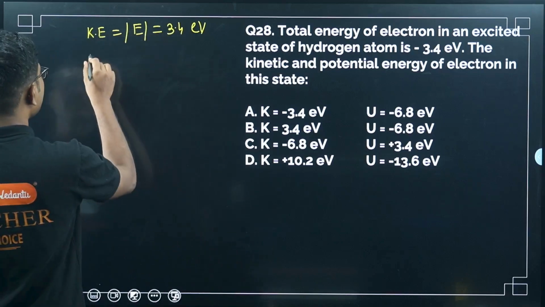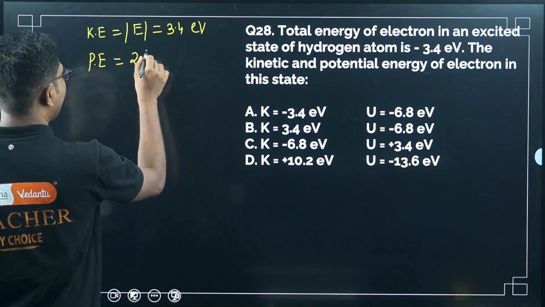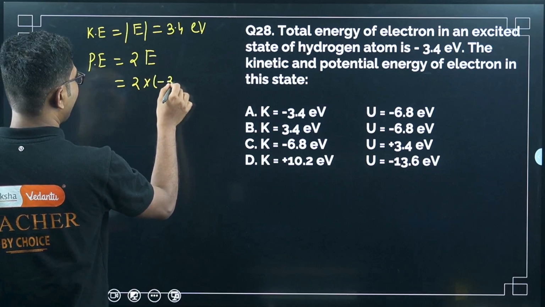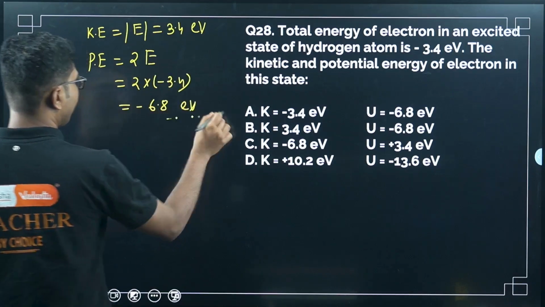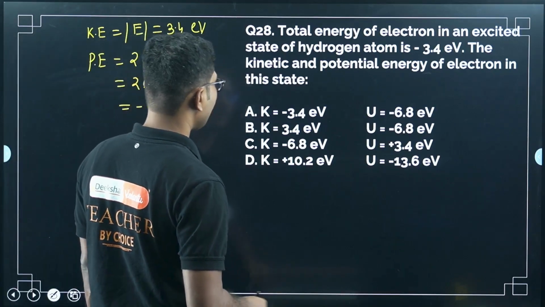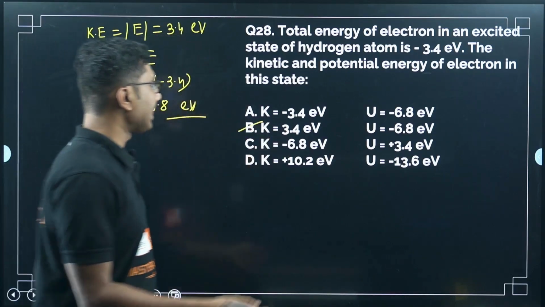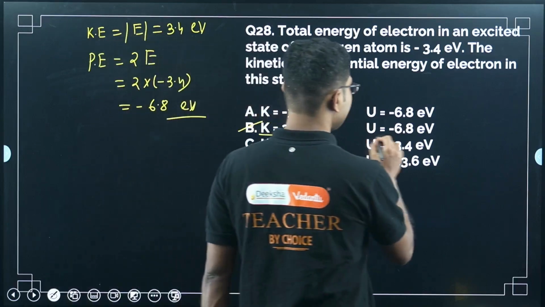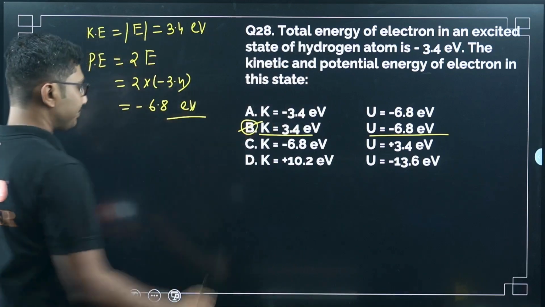And potential energy is twice the energy with sign, so it will be 2 times minus 3.4, that is minus 6.8 eV. Kinetic energy cannot be negative, we should be careful. So K is 3.4 eV and U is minus 6.8 eV. Okay, so the correct answer is option B.